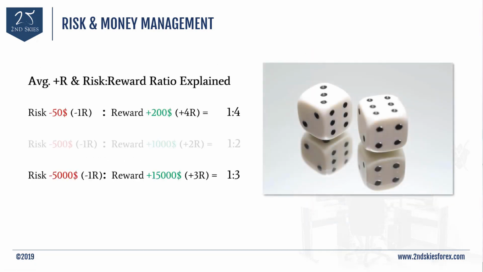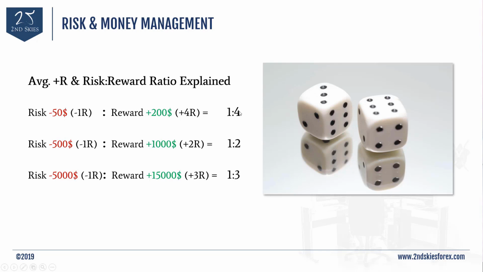We'll get into that in the next slide, but I want to cover a couple things here so you understand this whole risk reward and average plus R. If you're going to risk $50 on the next trade, then that's 1R. That's basically your risk for the trade. And if you are going for a target that's 4 times that, you have a chance to make $200. You're going to risk 50. According to the risk reward ratio, we call that 1 to 4.